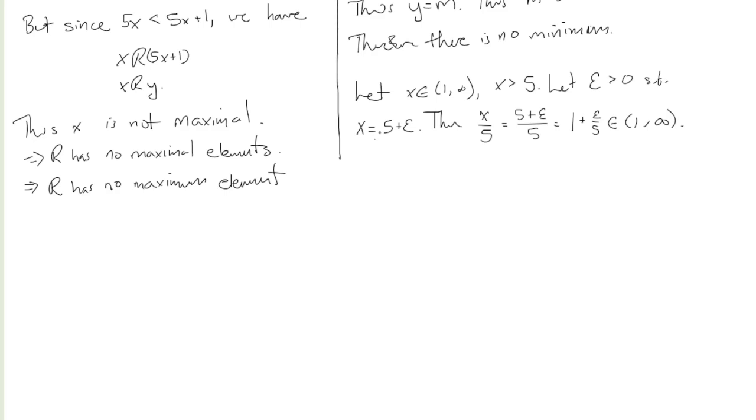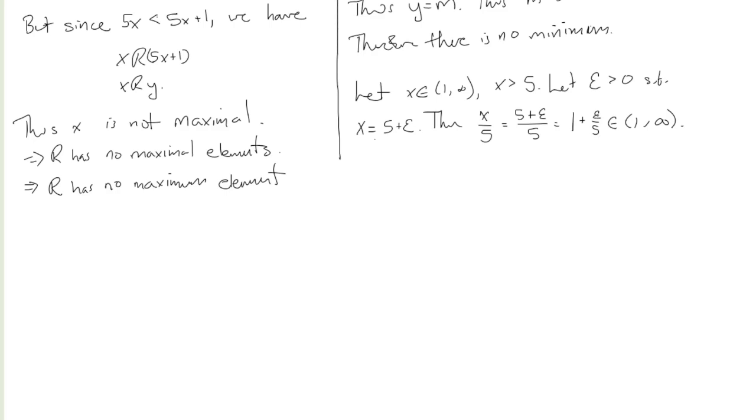I said take x to be 5 plus this epsilon, this little bit. Then x over 5 is equal to 1 plus epsilon over 5, which is in the interval from 1 to infinity. Then what I need is a number smaller than that, smaller than 1 plus epsilon over 5, but still bigger than 1.